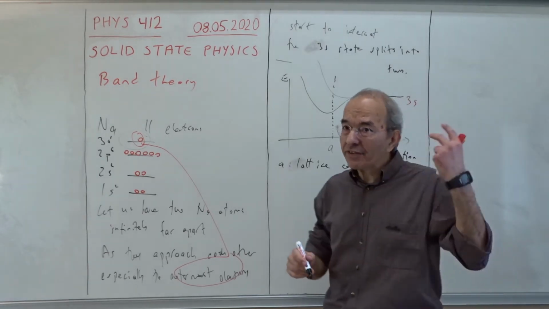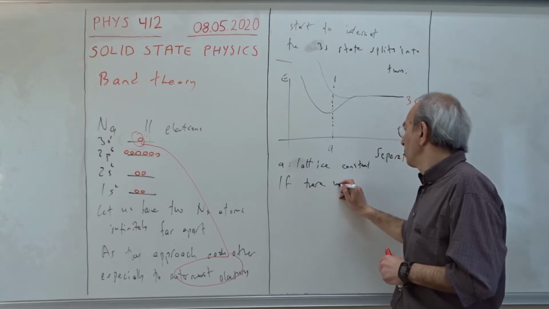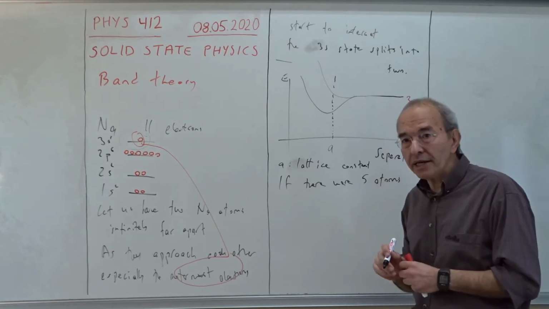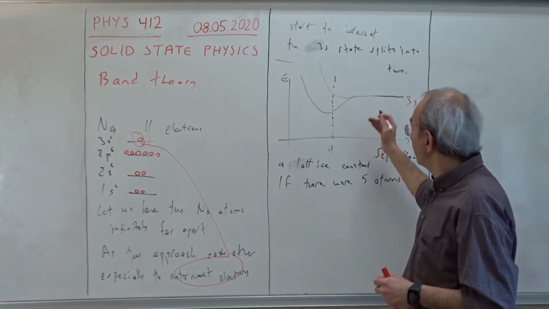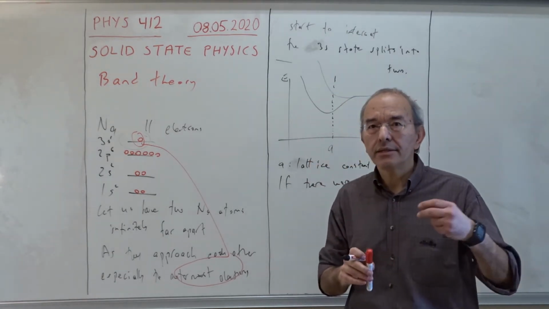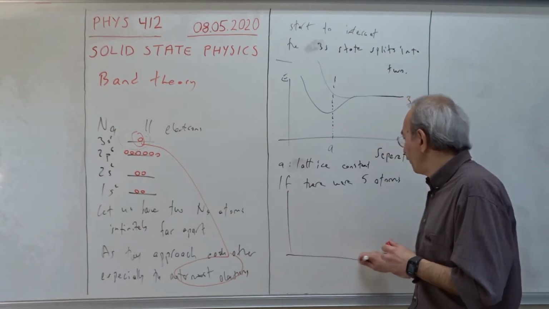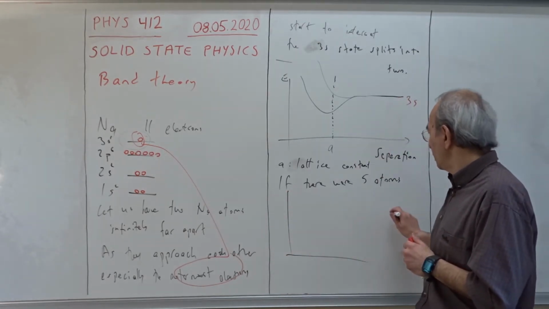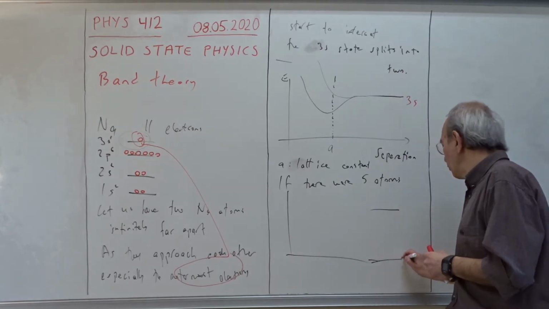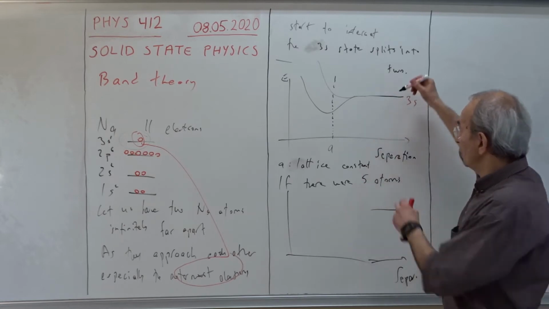If we had, let's say, 5 atoms, what do we expect? We expect this level 3s to split into 5. If we have n, it has to split into n. For the case of 5 atoms only, at the beginning we go from right to left, from greater separation leftward.